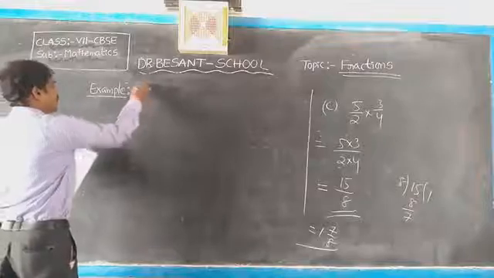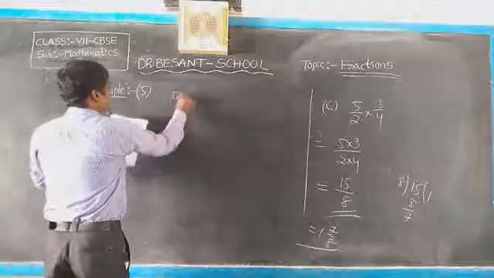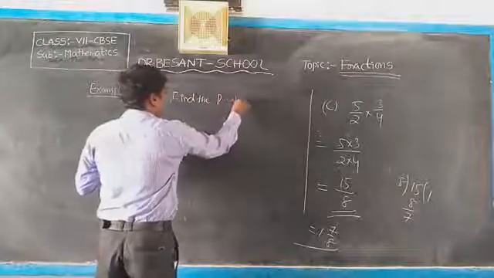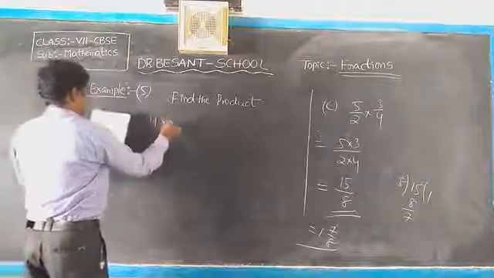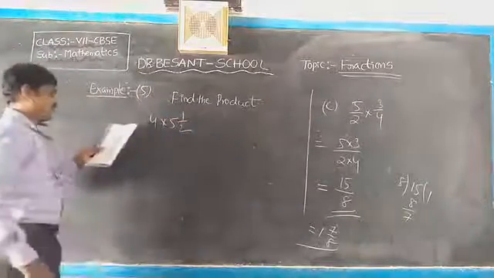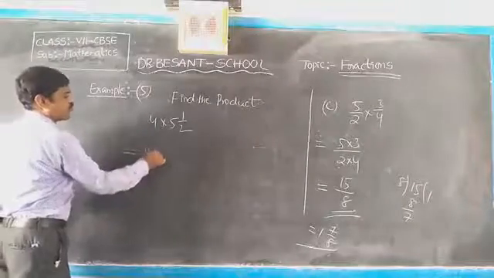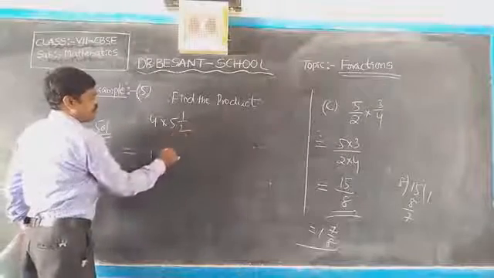Example 5, one problem I will explain. Find the product 4 into 5 and 1 by 2. So that is equal to 4 into 5 and 1 by 2.